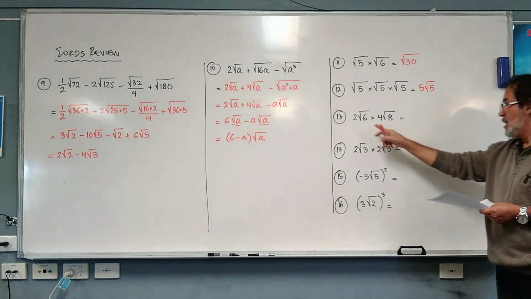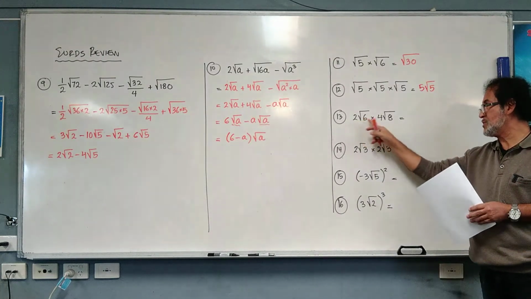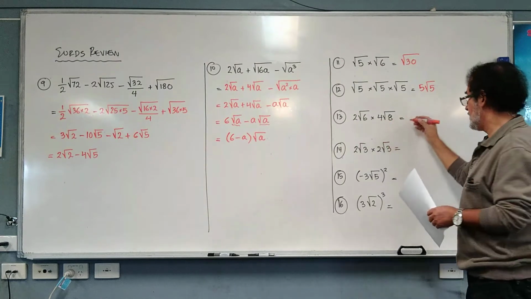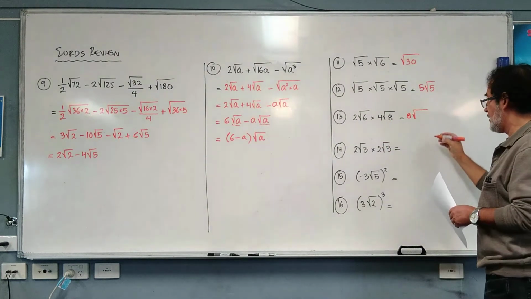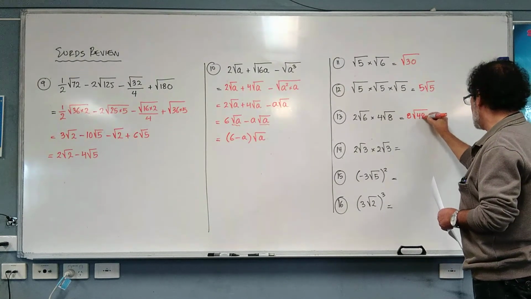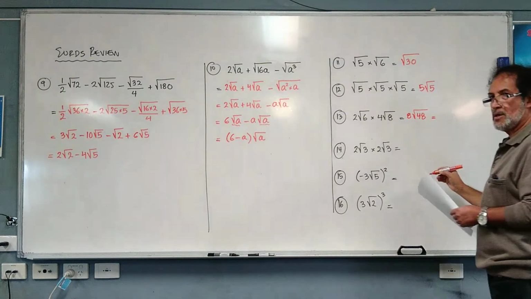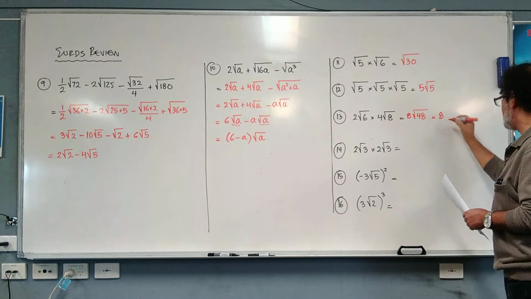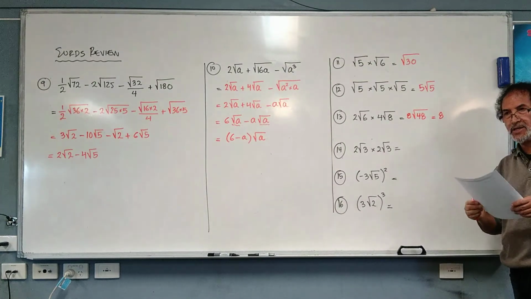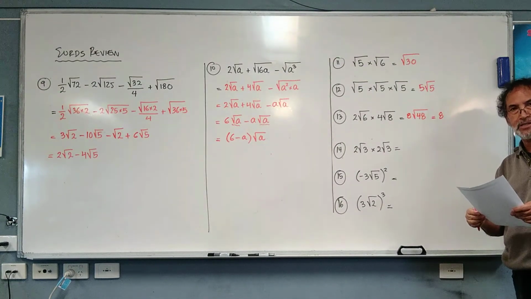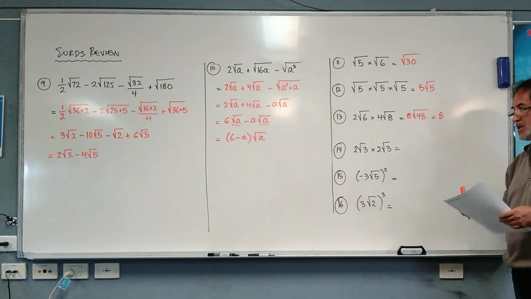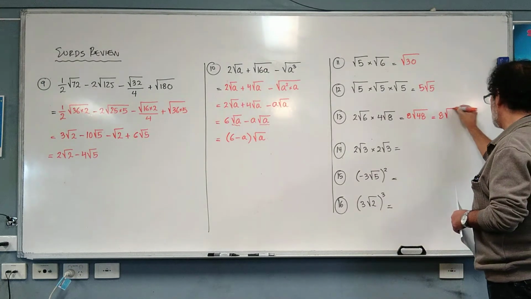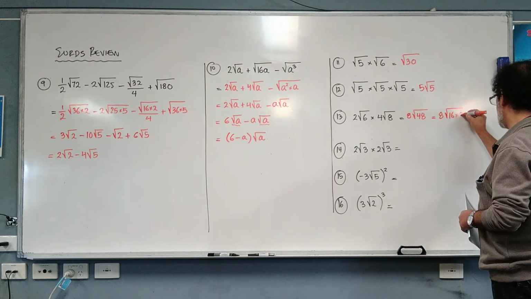Right. For this one, we're going to have 2 times 4, which is 8. And then we're going to have a square root of 48. But this time we can simplify a bit more. So what is the highest square number that goes into 48? 16. 16 times 3.